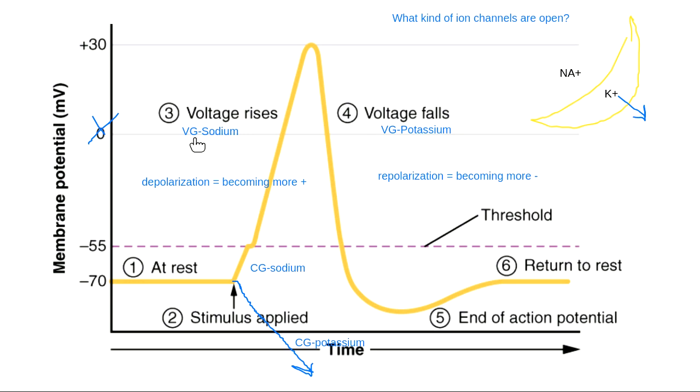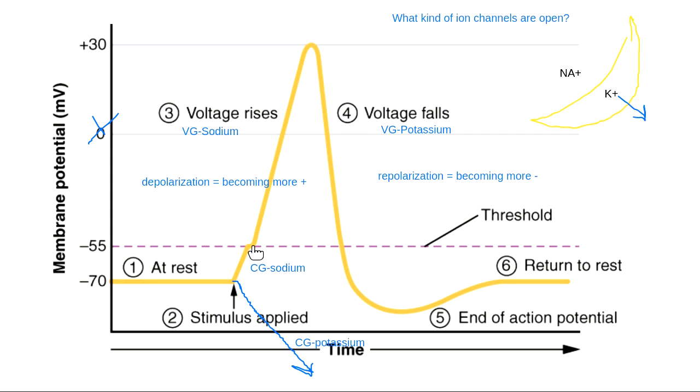What other questions, thoughts, emojis do we have? Kai asked a clarifying question. At negative 55, that is correct, that is when voltage-gated sodium channels open up. The voltage that makes this type of channel open is negative 55.